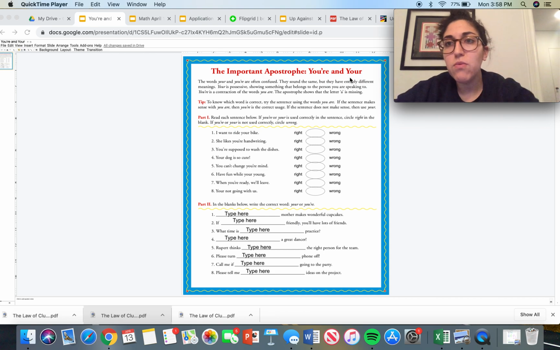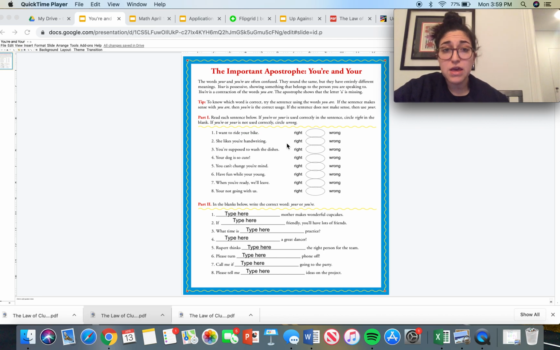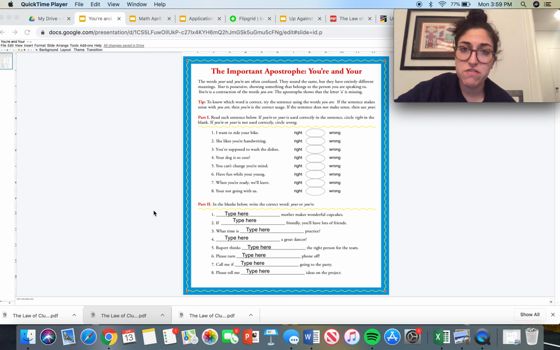So today what I want you to do is go through this worksheet here, and you have this worksheet in your Google Classroom as a worksheet to complete. And I would like you to go through these sentences and figure out, is the your in this sentence used correctly or incorrectly? And then on the bottom here, you're actually filling in the blank with which your it is. So as a reminder, you're with the apostrophe, Y-O-U apostrophe R-E, means that it is you are something.